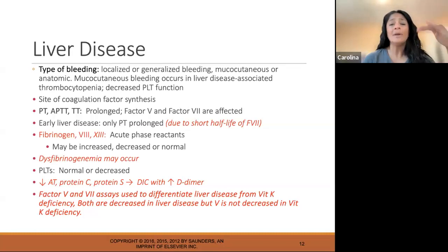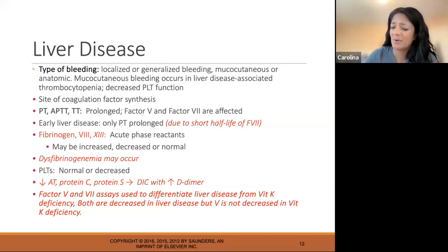So what we do here in liver disease is we use the decrease in factor 5 and factor 7 to our advantage. Factor 5 and factor 7 assays are used to differentiate liver disease from vitamin K deficiencies.